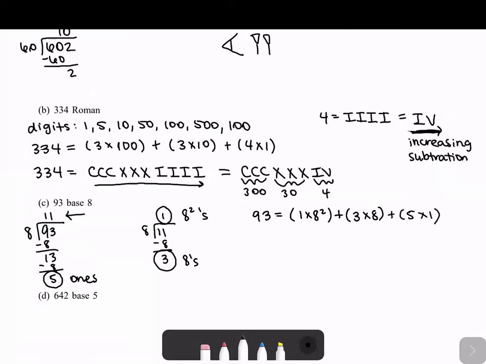This is just like the expanded form that we wrote in the last video. I like writing it in this expanded form because we can go back and verify this. We can work out 1 times 8 squared, 3 times 8, and 5 times 1, add them up and verify that these do in fact have the same value. Then we can write 93 is 135 base 8. And remember, you can write it either way, with an 8 in your subscript or the word 8 in your subscript.